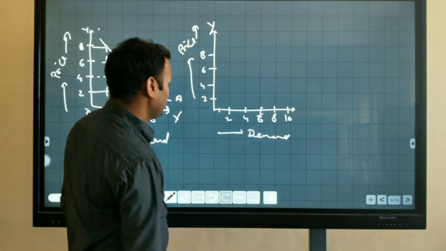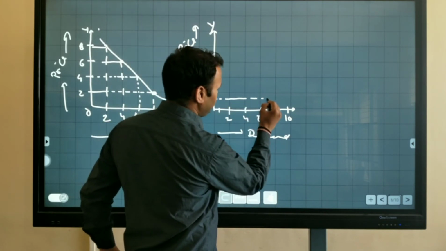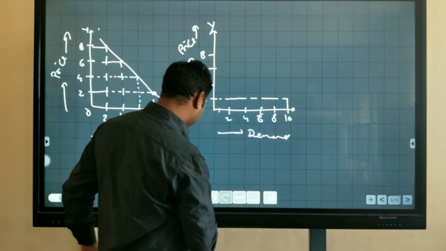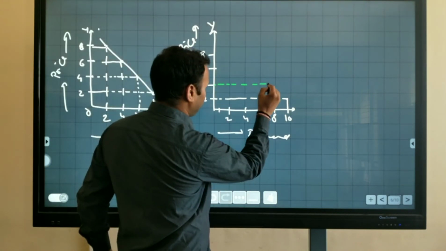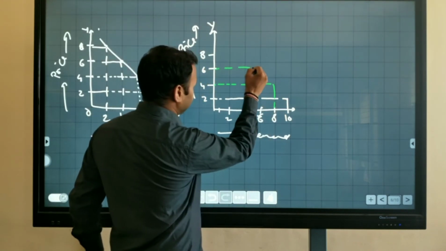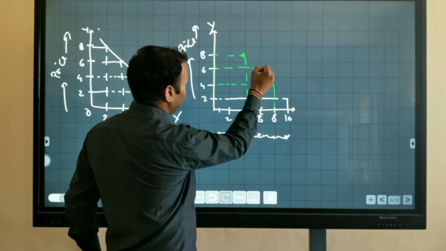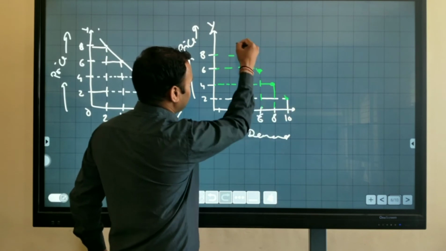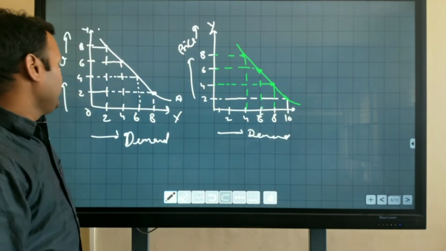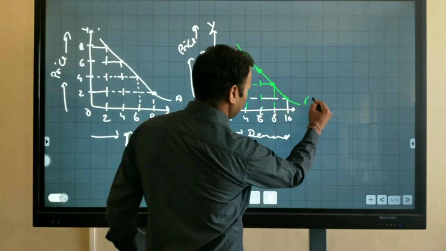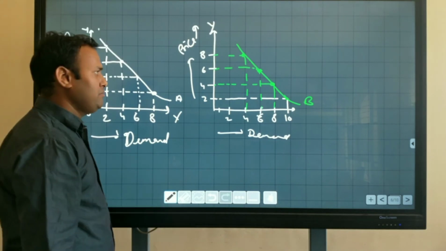So when the price is 2, then demand by B is how much? 10. So you can clearly see that the curve of this is a little bit higher than A. So this is the demand by B at a particular time period.